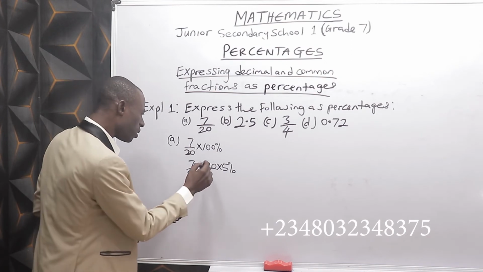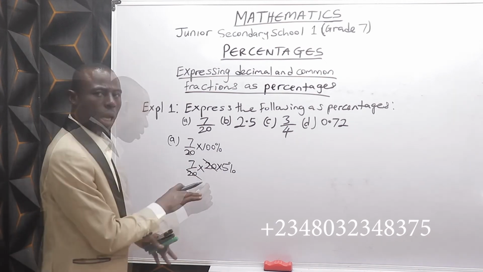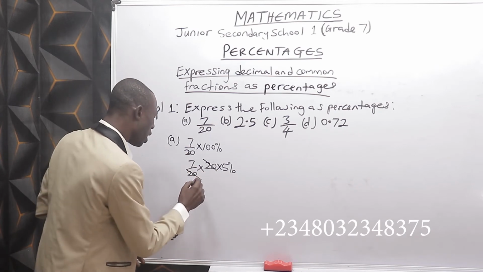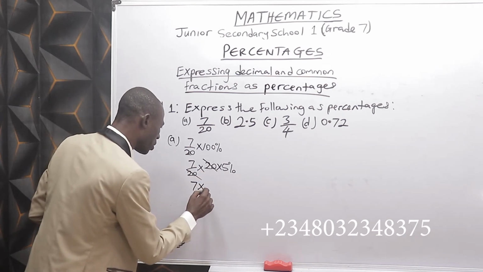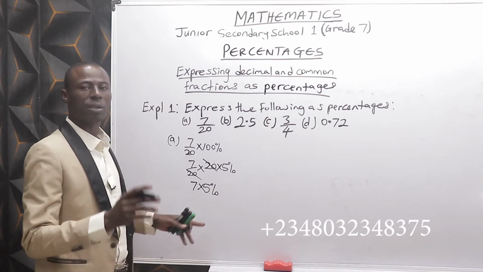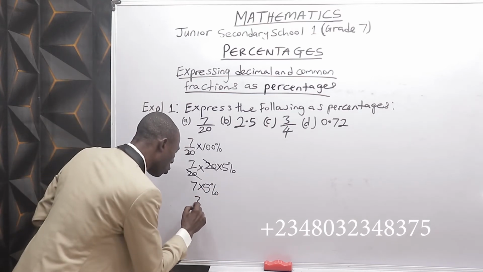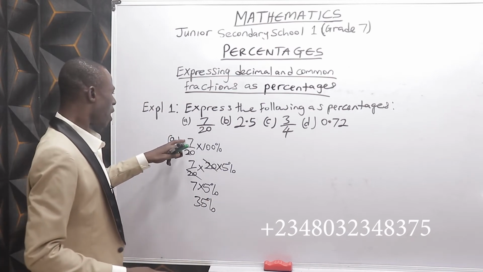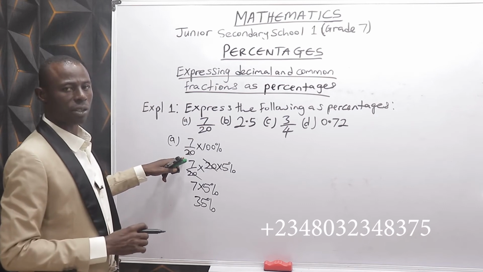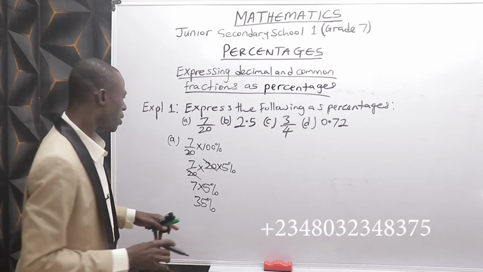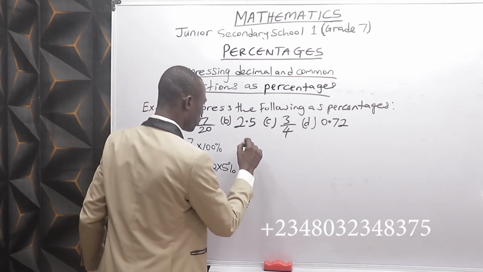You see now, easily we cut this without painting our book as students. Easily you cut this and you have 7 times 5% left. 7 times 5 is 35, so our answer will be 35%. Therefore, 7 over 20 in fraction is 35% in percentage.